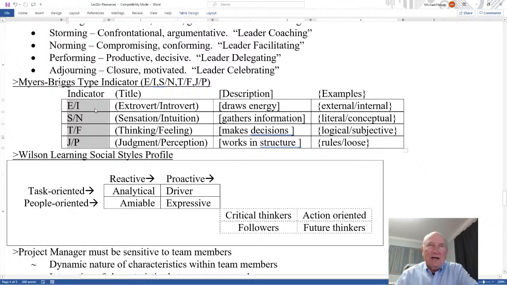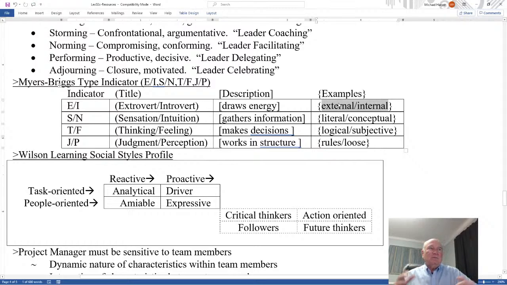For example, EI is extrovert, introvert, and this is where you draw your energy. What this means is how are you energized? How are you motivated? Where do you draw your motivation? For example, external or internal.